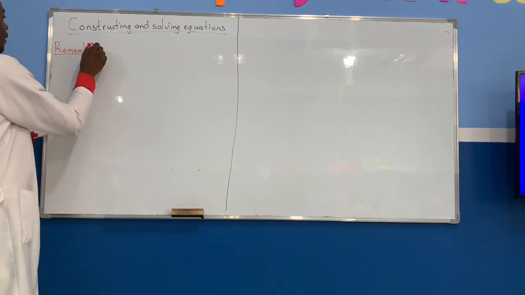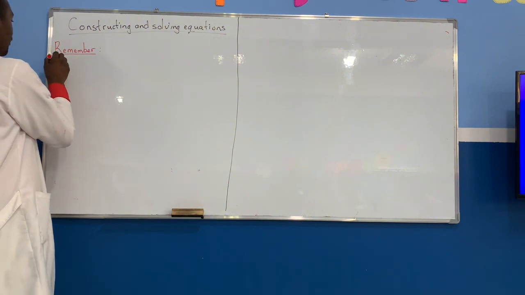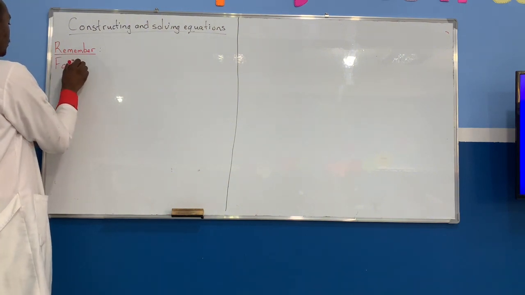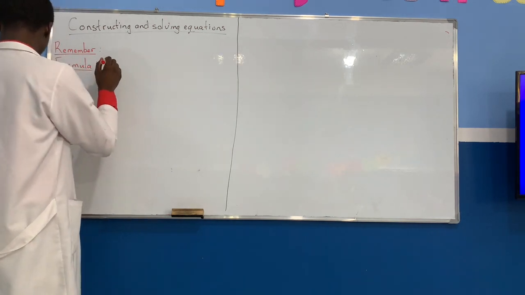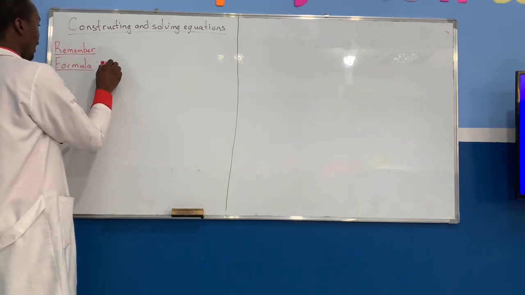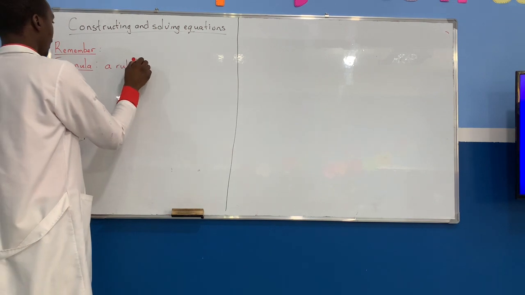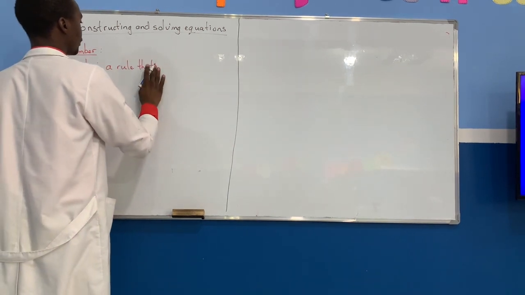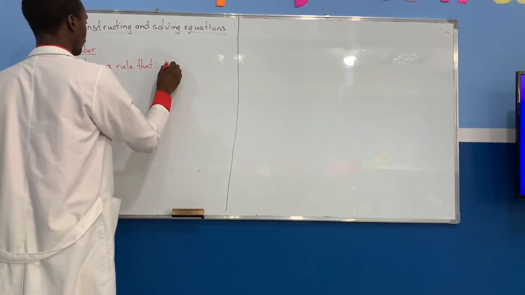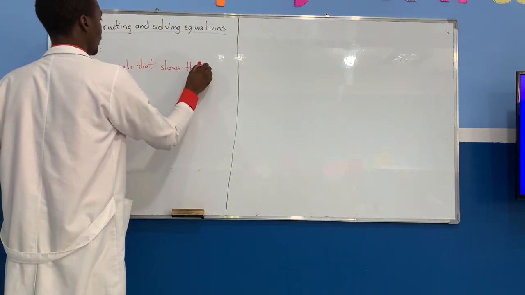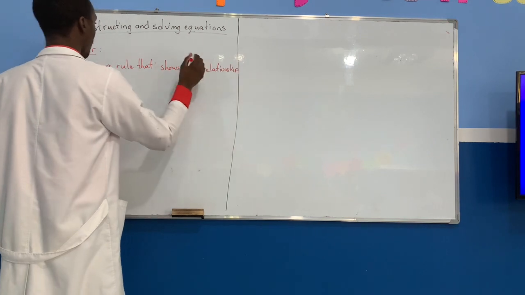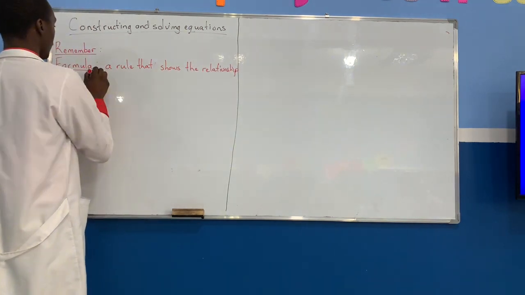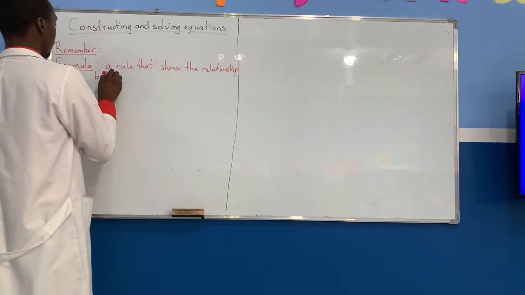Now we need to see if there's a difference between equations, formulas and expressions. So a formula is a rule. A formula is a rule which shows the relationship between two or more variables or unknowns or quantities.